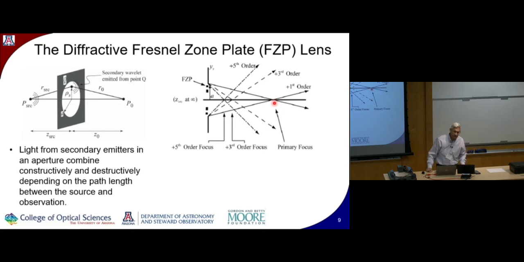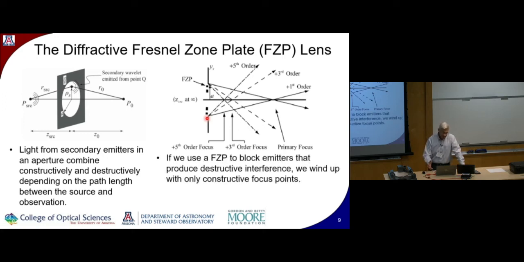So this is a focus based completely on diffraction, or if you want to think about it, it's really interference. It's just an infinite sum of interference from the secondary emitters. Now, if you can work through the math, there are also different focal points for this simple kind of amplitude type zone plate.